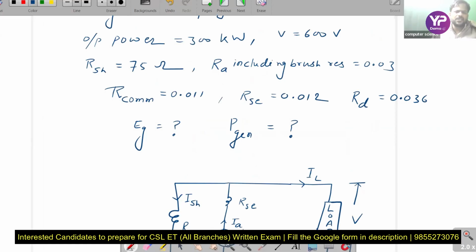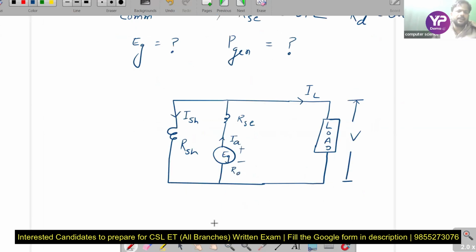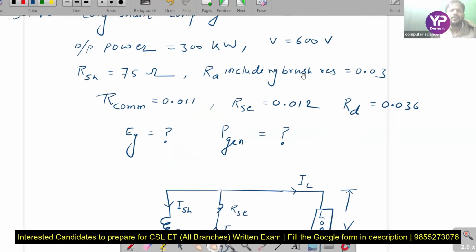Armature resistance RA here also includes commutating field winding resistance and diverter resistance.